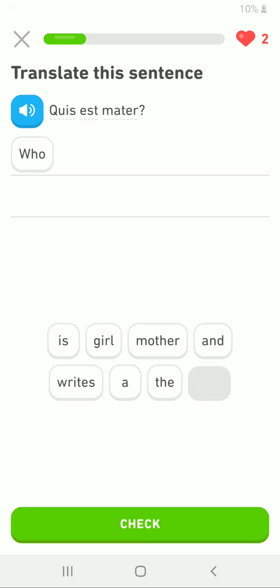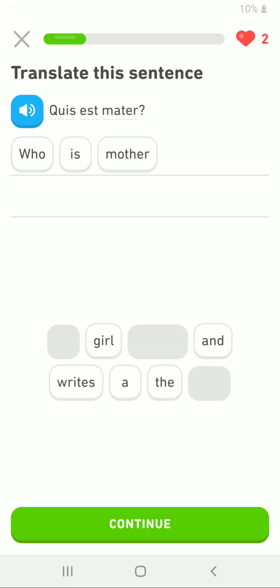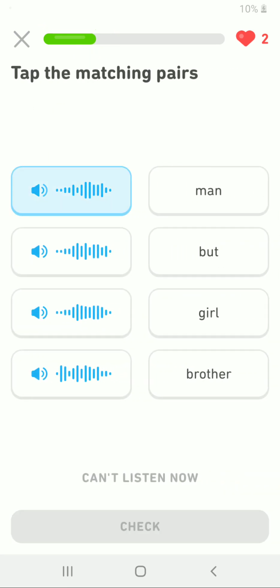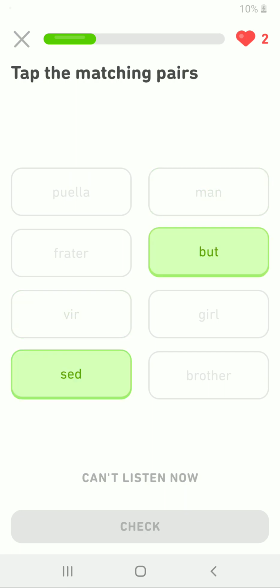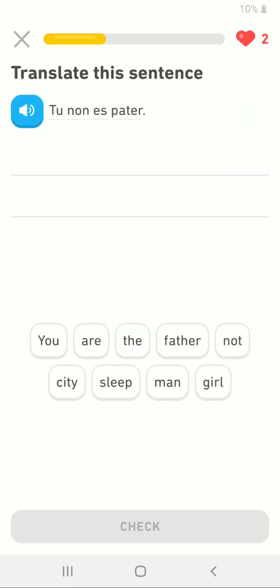So, who is mother? Puella. Frater. Vir. Sed. Very nice. Tu non es pater. You are not the father.